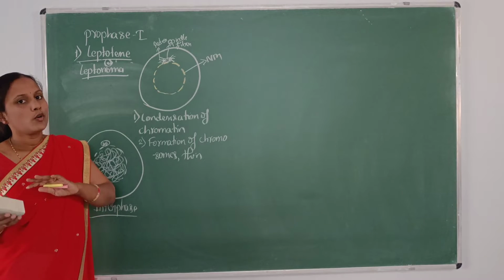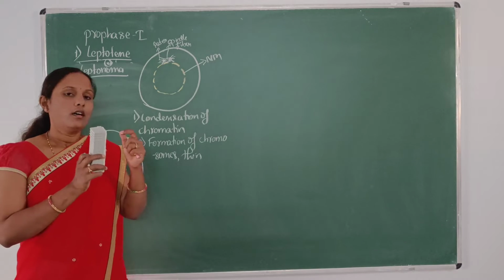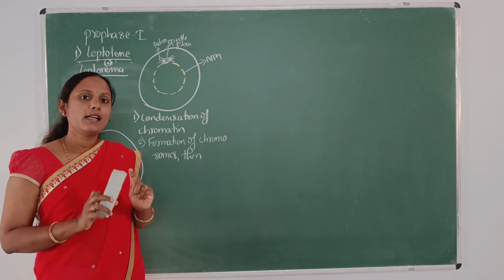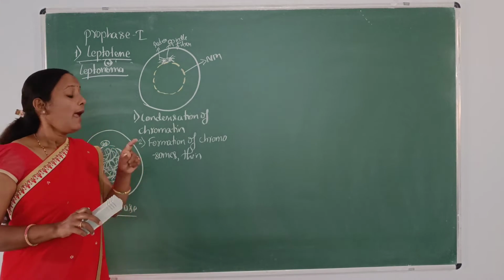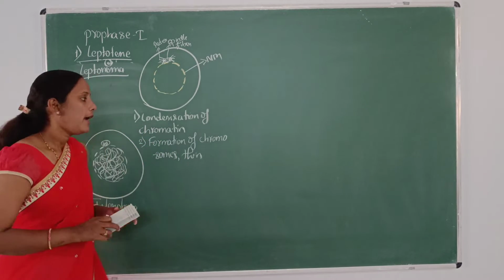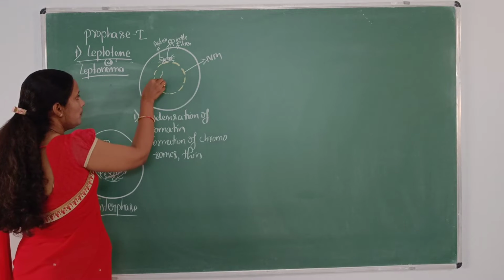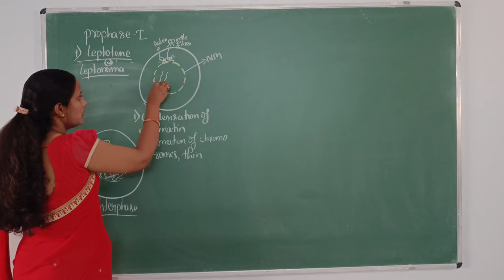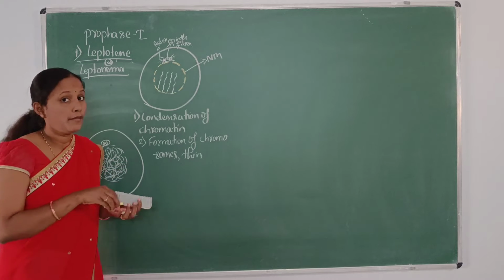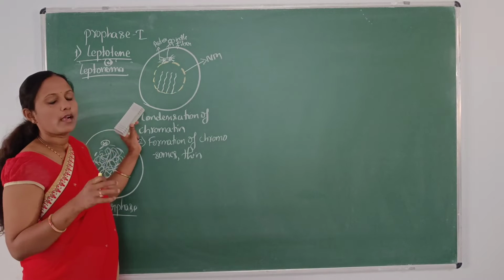The chromatin network has undergone condensation in a loose pattern. As a result, the chromosomes appear very thin, and the appearance will be like this. Here is one chromosome, and this is another, another, and another. I have taken 4 chromosomes, and throughout the meiotic division I will keep track of these 4 chromosomes.